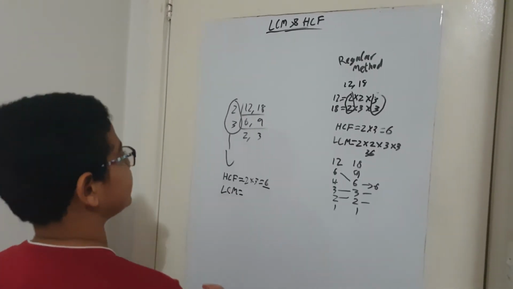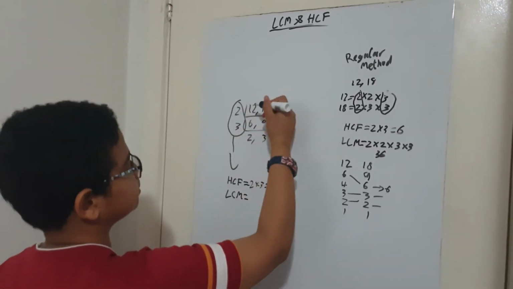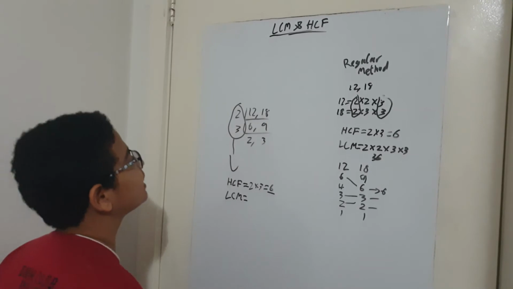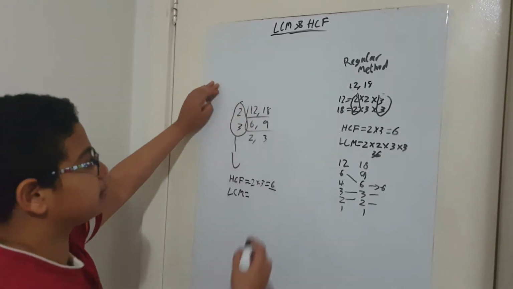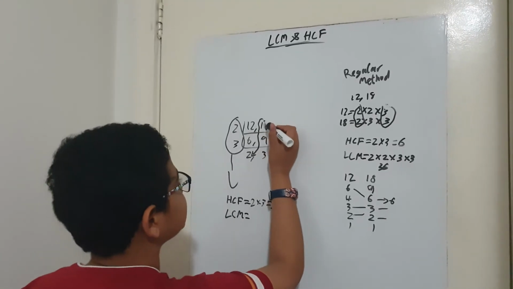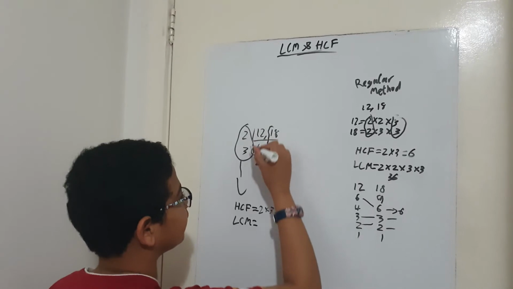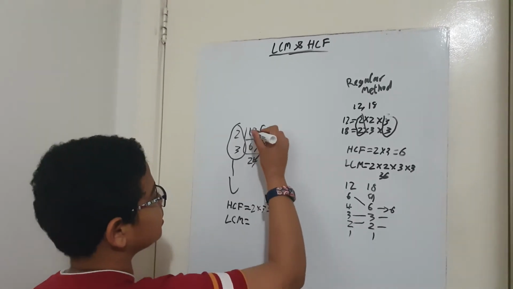What we have to do is take any one of those top two numbers, let's pick 18, and multiply it by the other one's number, so by 12.